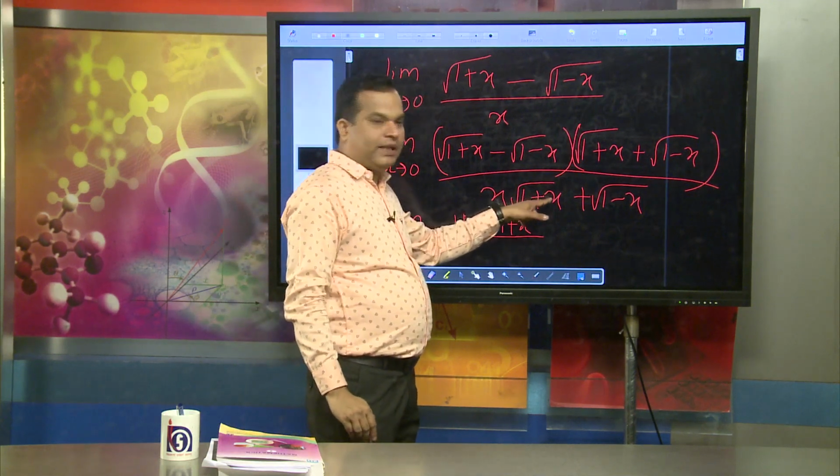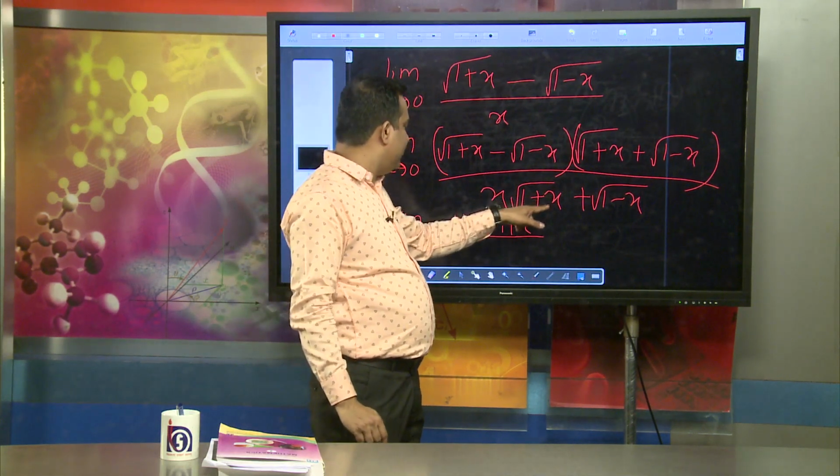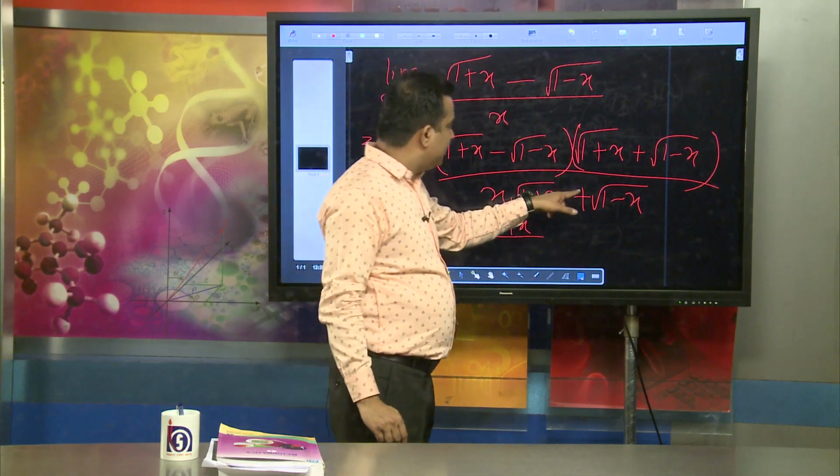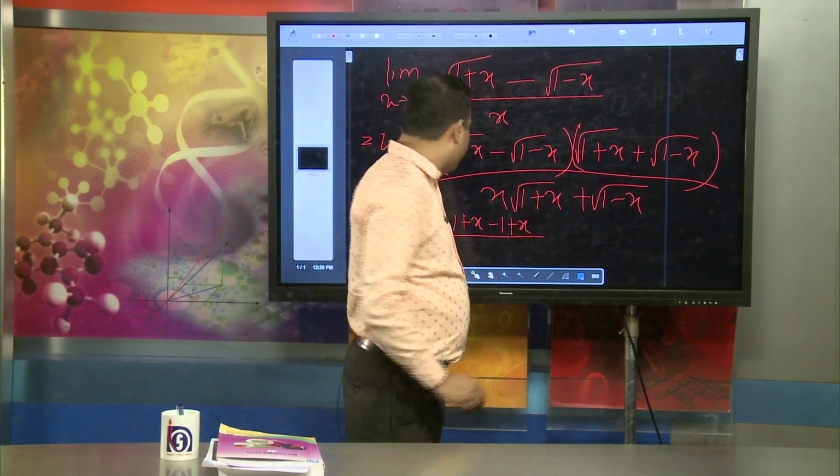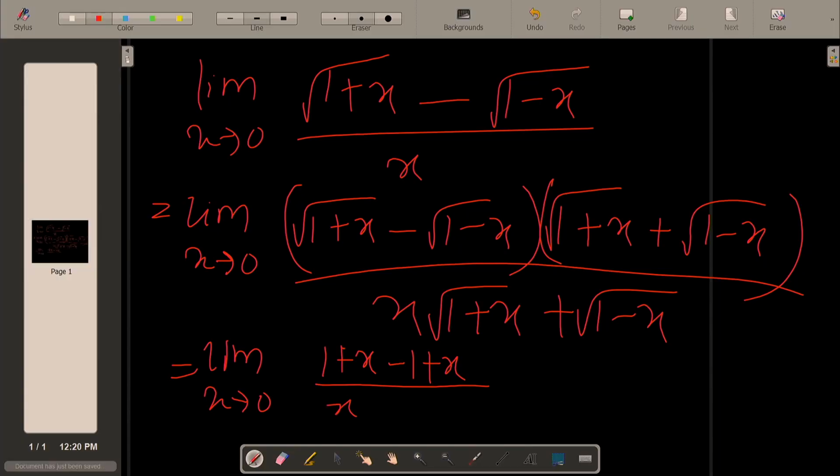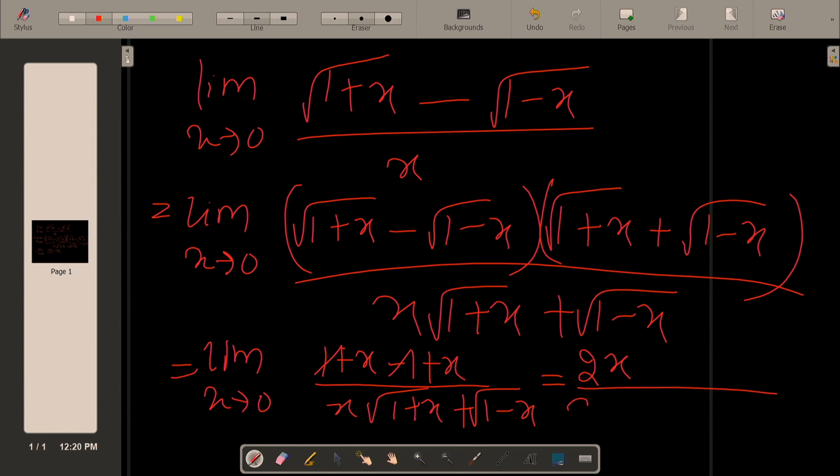And here also you will find the denominator x multiplied with square root of 1 plus x plus square root of 1 minus x. Then here you know that plus 1 minus 1 will be cancelled, that means 2x divided by x multiplied with square root of 1 plus x plus square root of 1 minus x. So here x also will be cancelled.